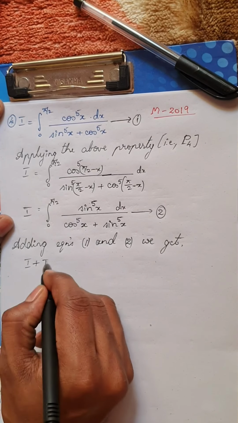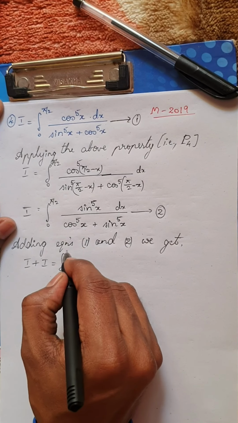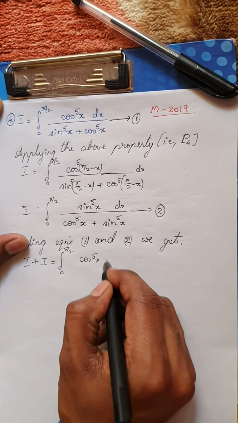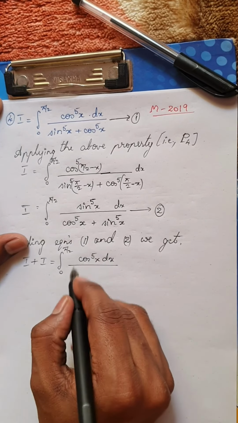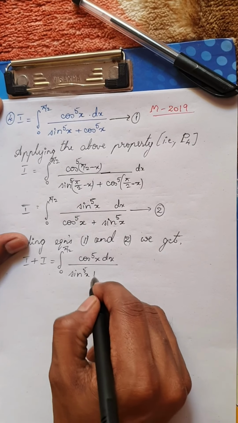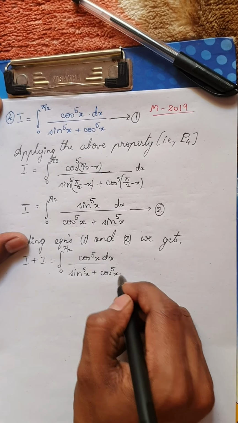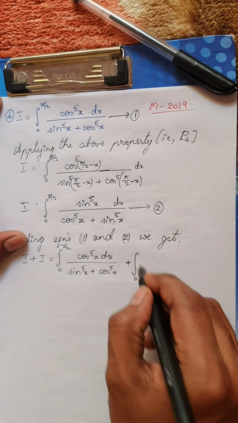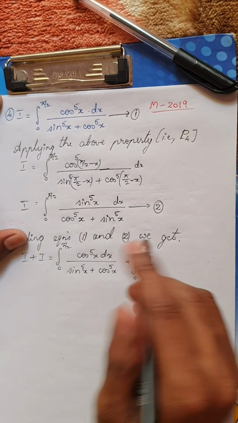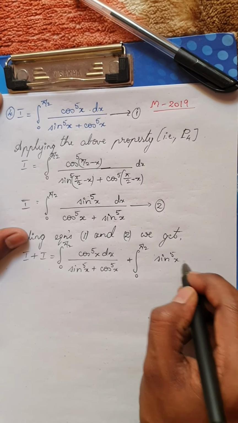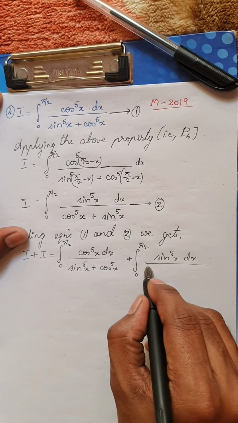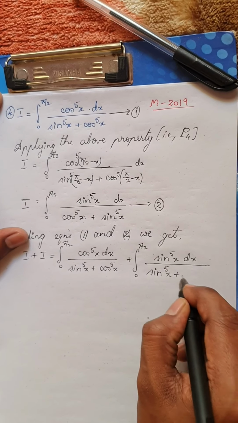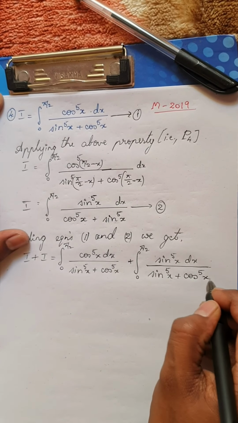The left hand side is I plus I, which is nothing but the integral from 0 to pi by 2 of cos power 5x dx divided by sin power 5x plus cos power 5x, plus the integral from 0 to pi by 2 of sin power 5x dx divided by sin power 5x plus cos power 5x.